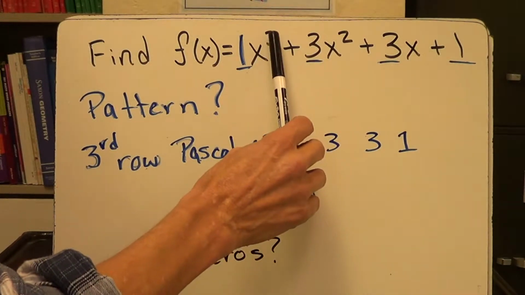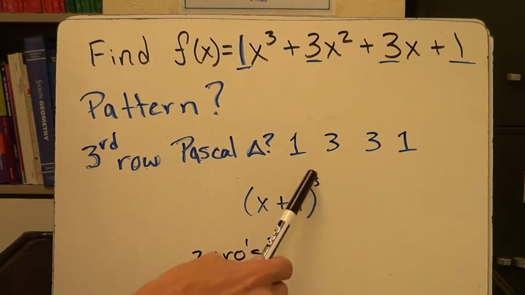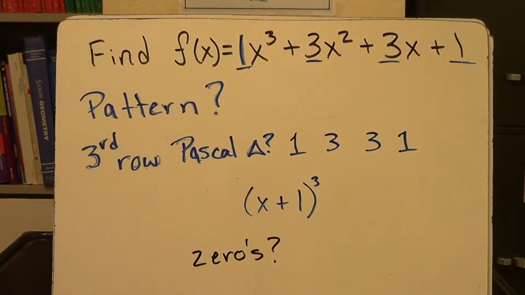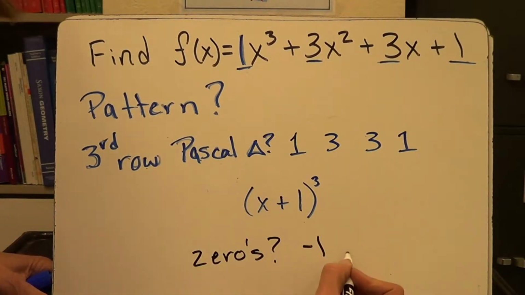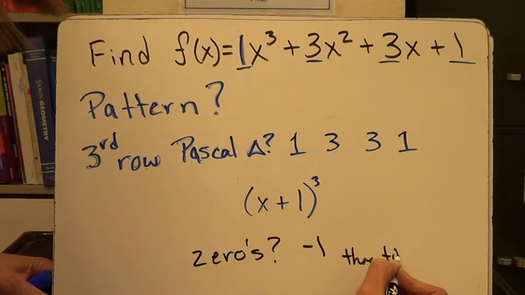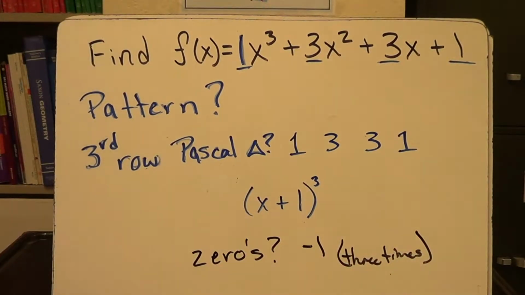Since it is third row, you can take the cube root of 1, get positive 1, and you know that it's x plus 1 to the third power. So the zeros here would be -1, 3 times. So that means on the graph it's going to pass through that -1, because it's an odd number there, right?